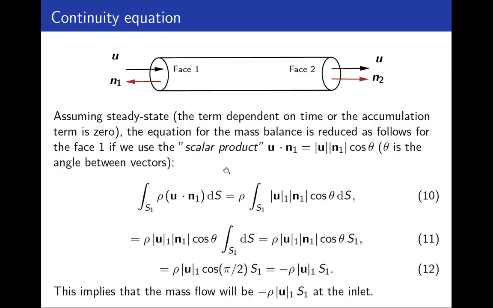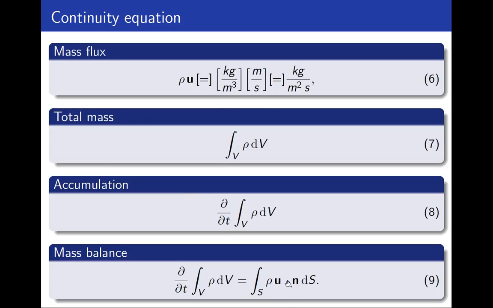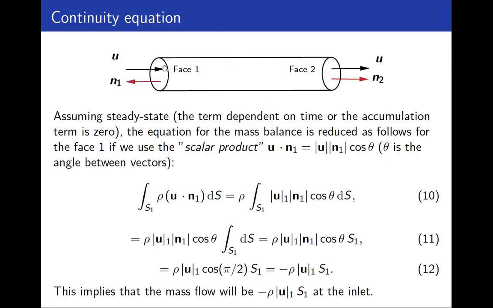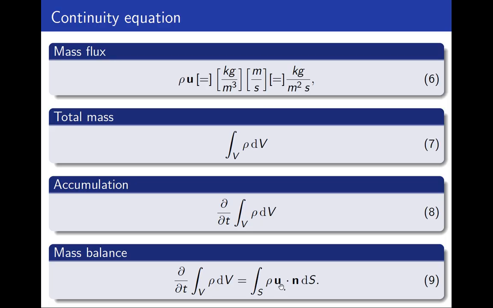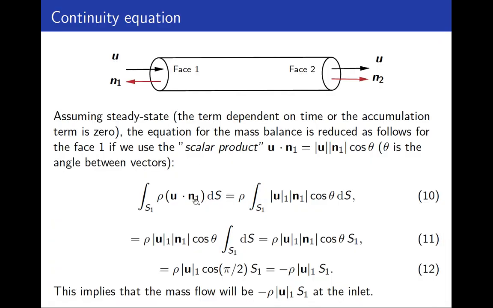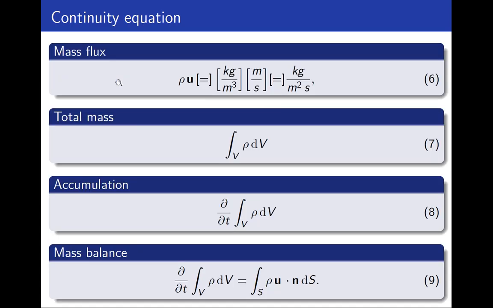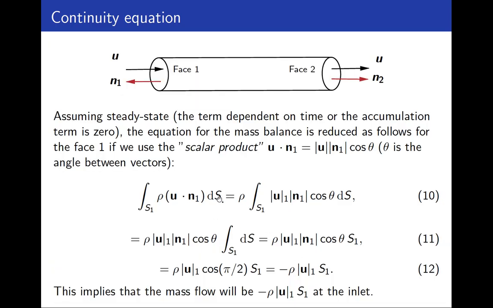Let's calculate this integral over face 1, the integral over surface 1. The density is not going to change, so we have the density and then the velocity multiplied by the unit normal vector, multiplied by the differential of surface. How do we calculate this quantity?